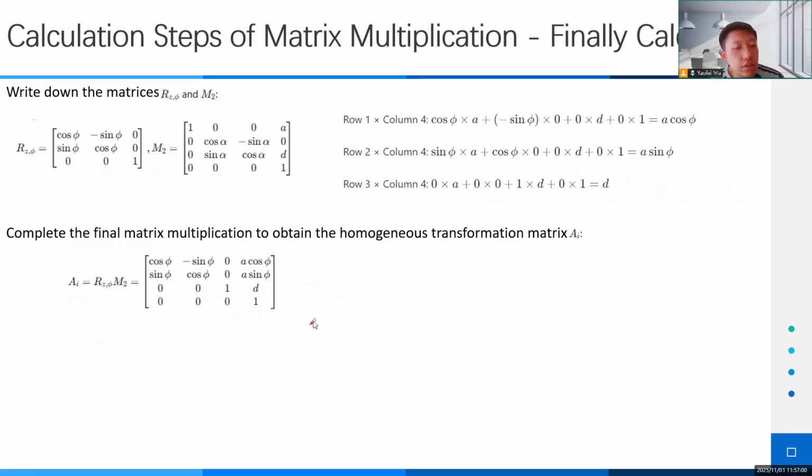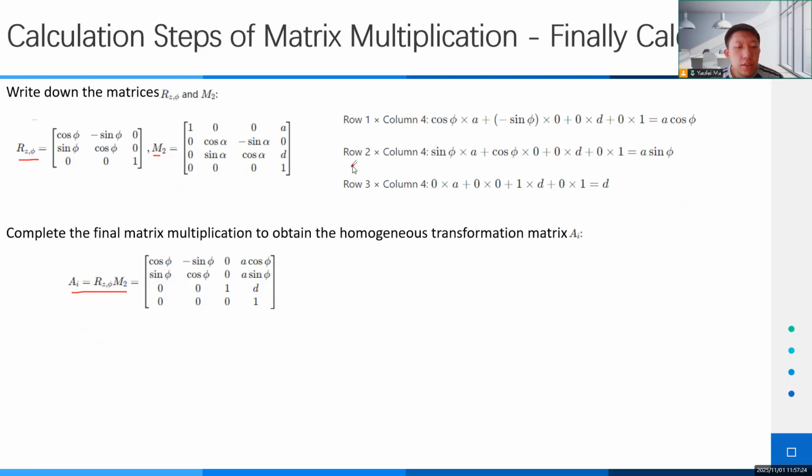Now, let's do the final step. Calculate A_i is Rz(phi) times M2. First, write down the two matrices. Rz(phi) is this, M2 is this.